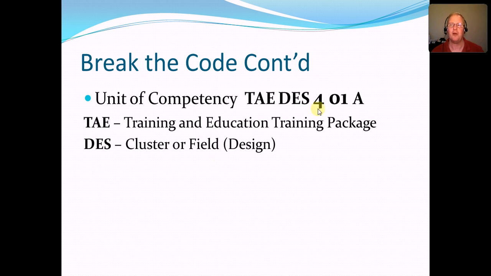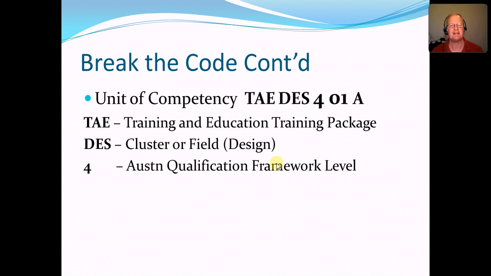We then have 4, and by the way, there are a number of fields that you're going to become familiar with within the training package. There is design, there is delivery, which is representative of DEL, and then there is the assessment cluster, which is representative of ASS. Moving down, we come to the next code, which is 4. This is the Australian Qualifications Framework level, and this is a level 4 or Certificate 4 level unit.